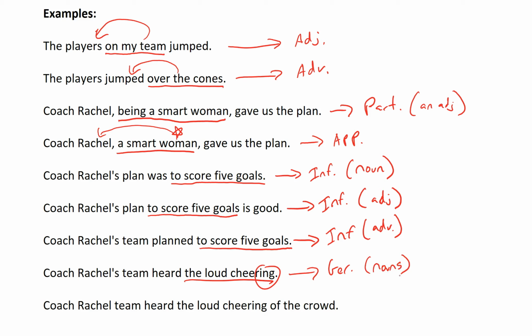But just so you're clear about this, not all gerund phrases just stop with the actual gerund itself. Sometimes they can extend and include a prepositional phrase as well. So again, this is just a longer gerund phrase that actually includes a prep phrase in it. But it's still a gerund.